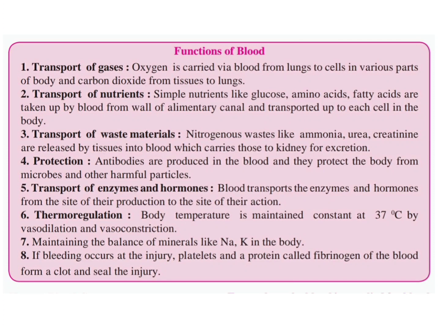And the last one, if there is any bleeding which occurs due to any injury, then the platelets found in the blood and the protein called fibrinogen which is there in the blood, they both come together and form a clot, which helps in sealing of the wound, sealing of the injury, so that excessive blood loss does not happen.